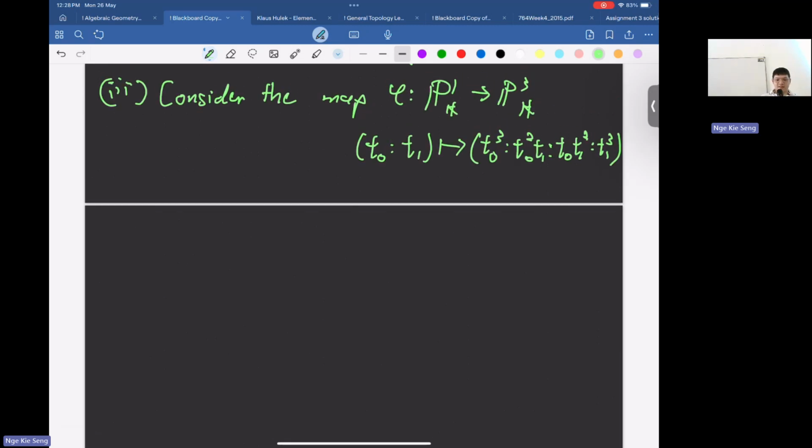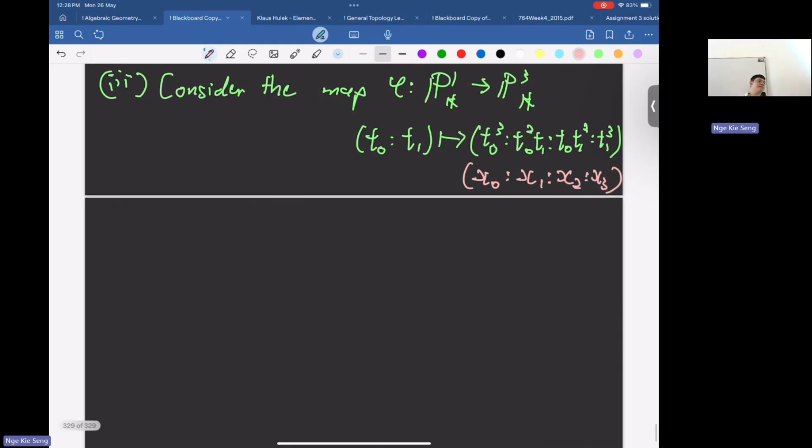Let's give these coordinates some names. There are 4 of them, so let's call them x0, x1, x2, x3. Can you cook up any homogeneous equation equal to 0 based on this image here? Maybe you don't just need one, maybe you need more than one here.